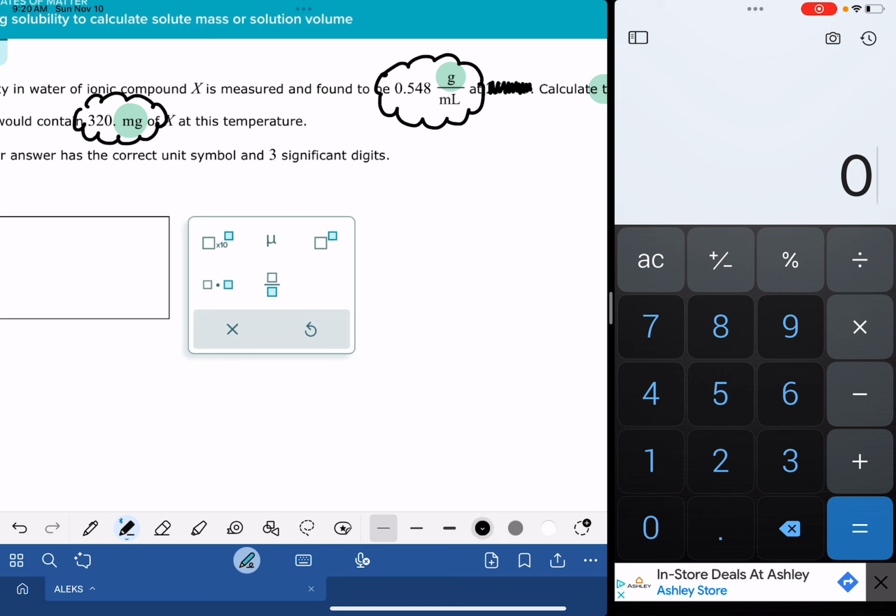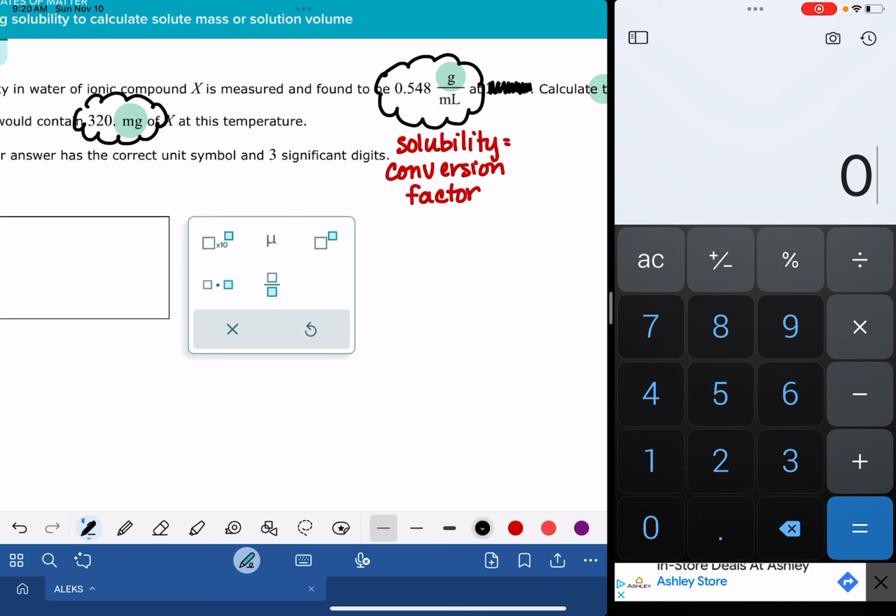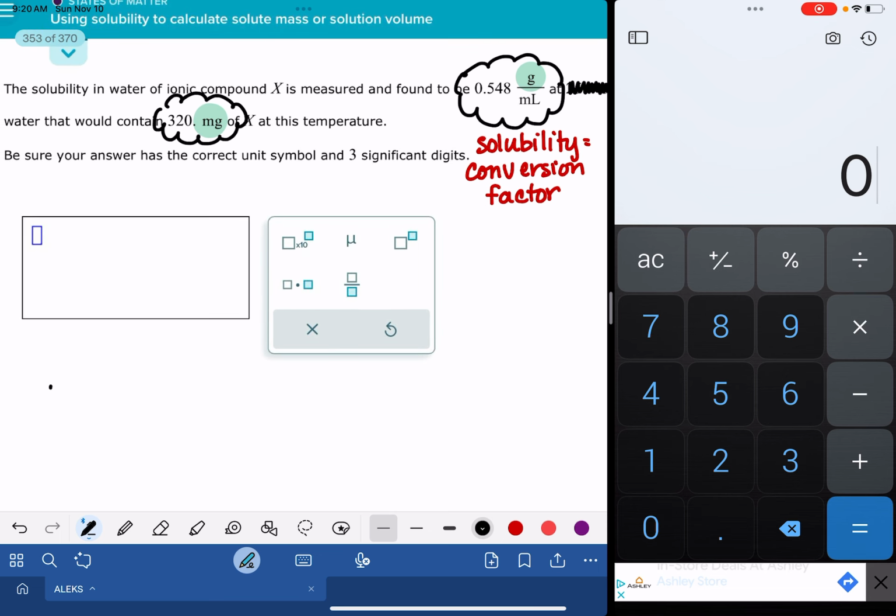Sometimes I'm going to be referring to this solubility as our conversion factor, because that's what it is. Our solubility is our conversion factor in this problem. So I'm going to start by taking my 320 milligrams of this solvent X, and I want to convert that into units of grams so that its units are consistent with my solubility.